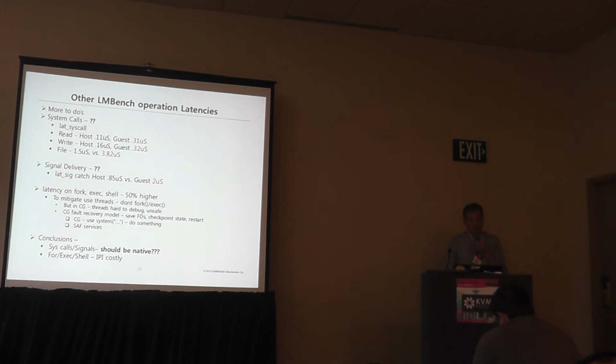Things like latency for fork, exec, and shell are understandable. There are a lot of IPIs that go back and forth. IPIs, unfortunately, are still, unlike posted or VT-d posted interrupts or GICv4 interrupt injection, not much we could do here.